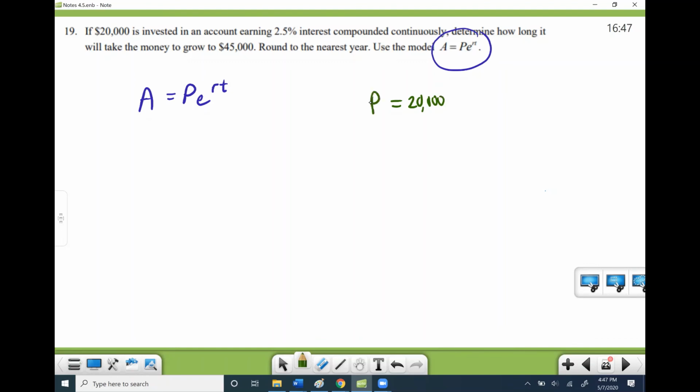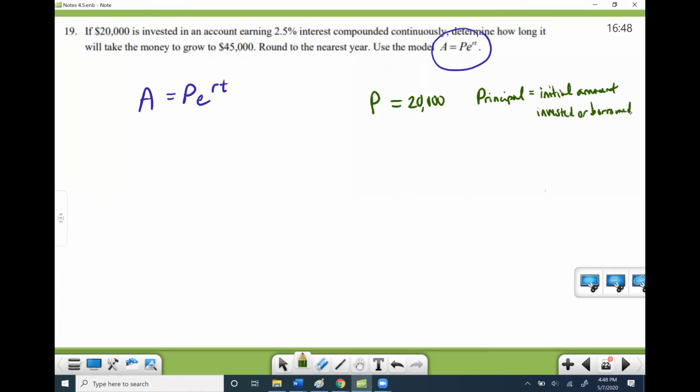So remember, P stands for the principal, which is the initial amount invested or borrowed. Initial amount invested or borrowed.